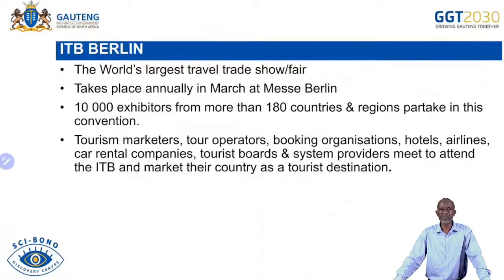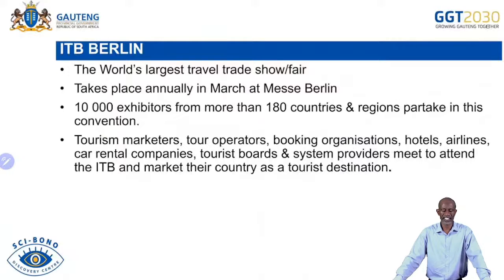Now, let's explain in detail the two. It's ITB, as well as WTM. So we are going to particularize here and see what processes are available for South Africa to market its product in these shows.